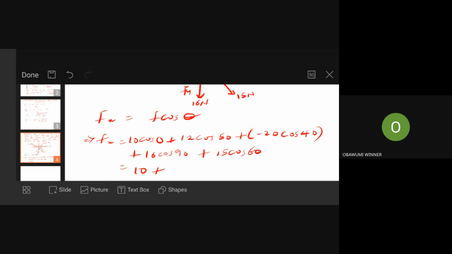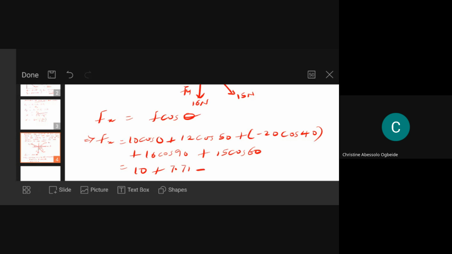No one is saying anything. What is 12 cosine 50? 7.71. So I write 7.71. Now plus minus is going to give me a minus sign.